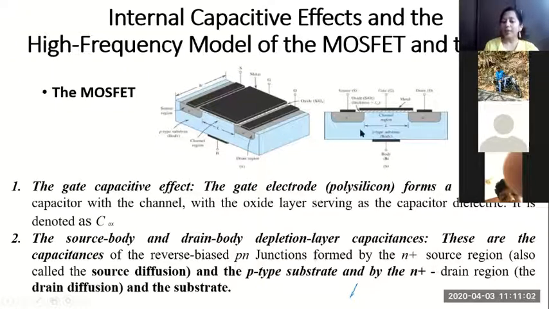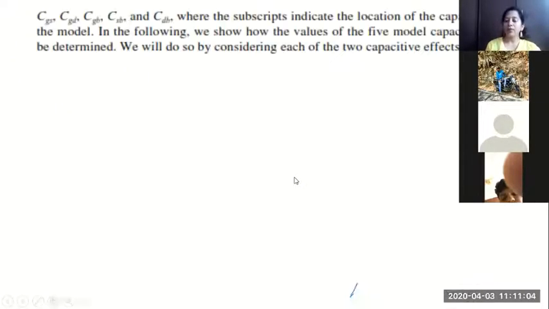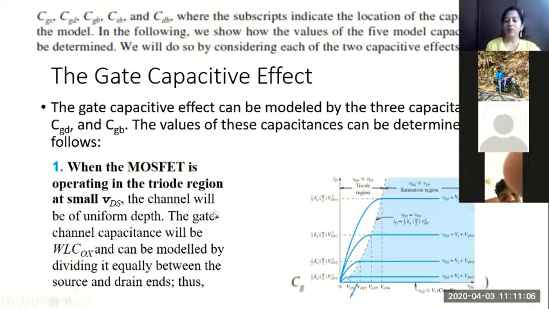Cox is the capacitance per unit area. When the total capacitance is WL into Cox, we have two regions. One part of the capacitance is between the gate and the source, and another part will be between gate and drain.